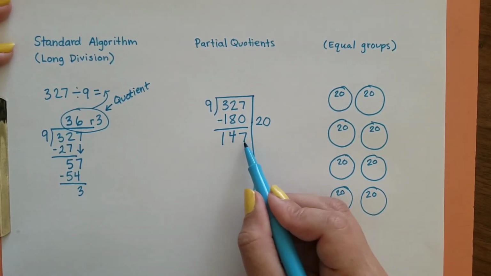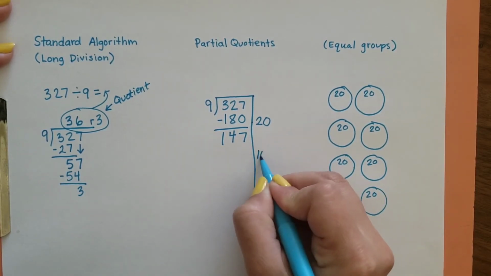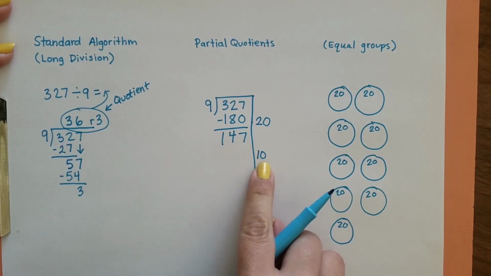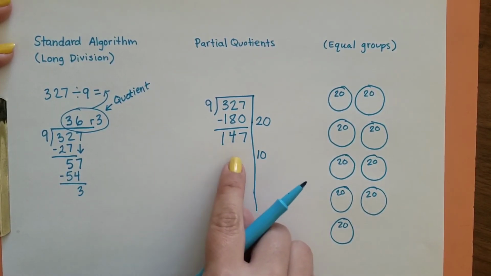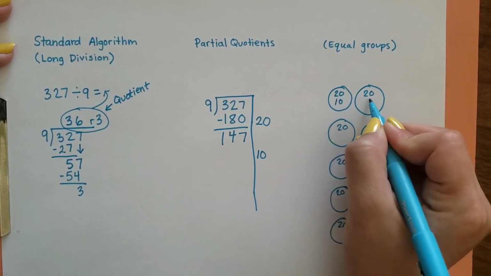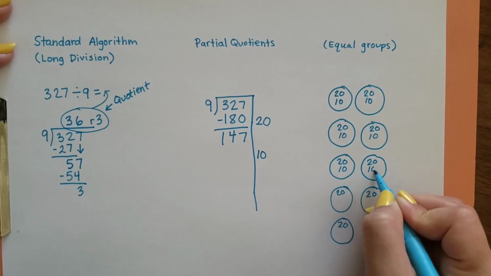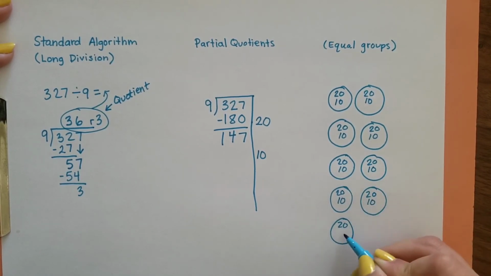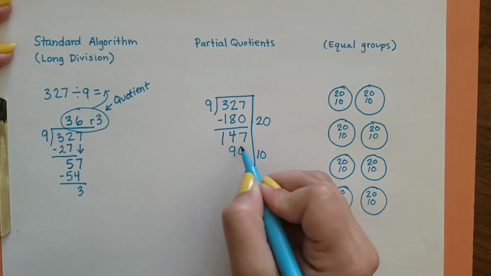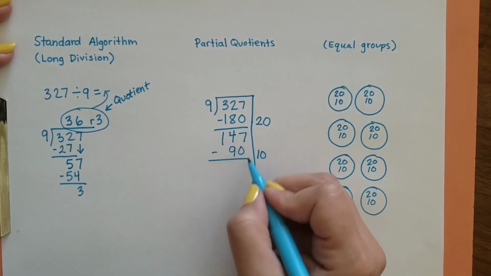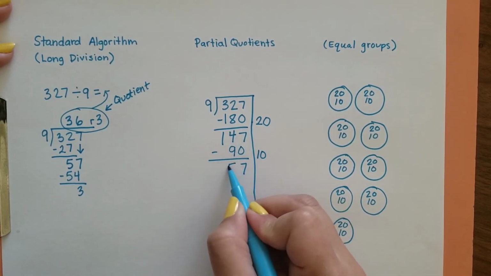If we have 147 left in 9, I know I can put 10 more in each group because I know 10 times 9 is 90, and that's less than that, so we could put 10 in each group. Okay, again, it's repeated subtraction, so we're taking away 9 10 times, which is 90. All right, 7 minus 0 is 7, and 14 minus 9 is 5.